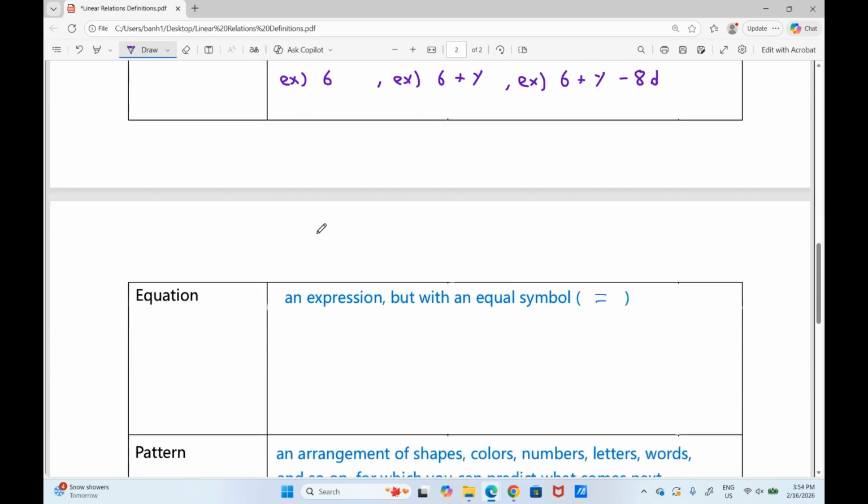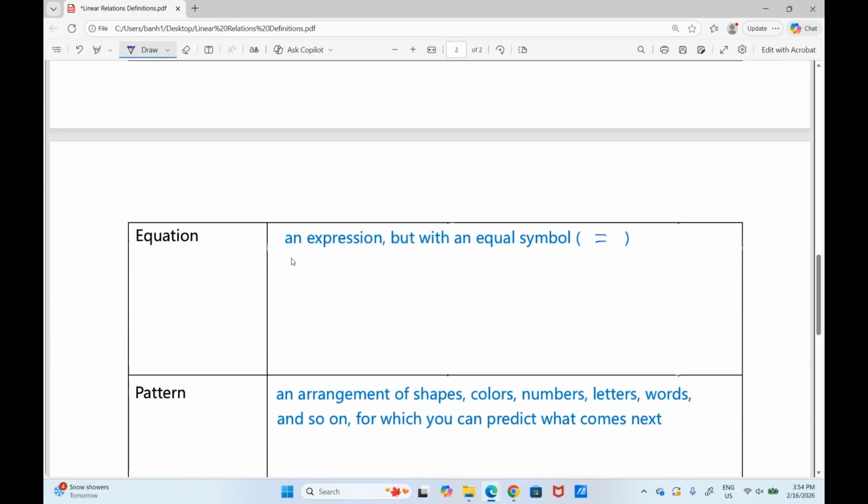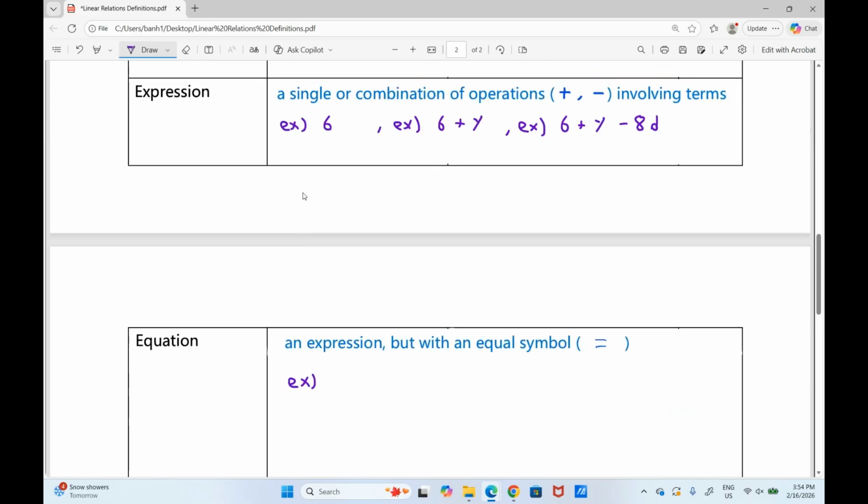Now, moving on, we're going to talk about an equation. An equation is an expression, but the only addition is it has an equal symbol. So an example that I had before was I believe I used 6 up here. So an equation could just be y equals 6. That's an equation now because I have an equal sign. Another example, here I had 6 plus y.